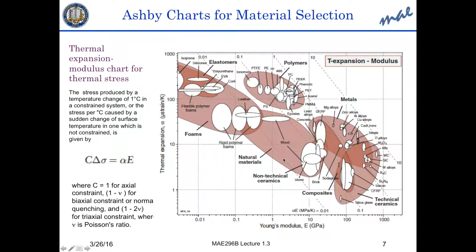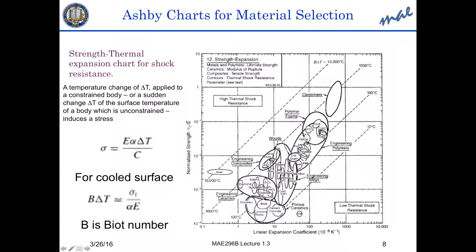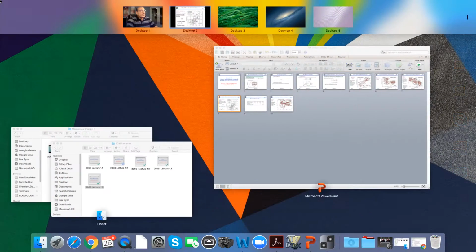The next property that we look at is thermal shock, and the thermal shock is not for steady operation. As I mentioned before, we will consider both steady state and transients.